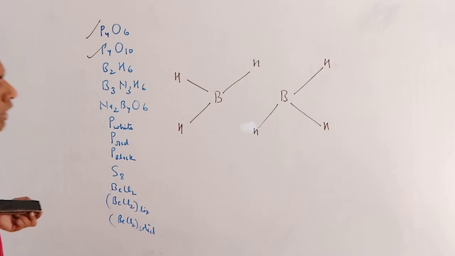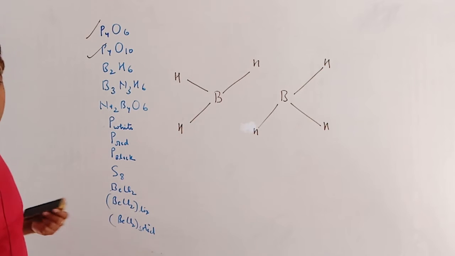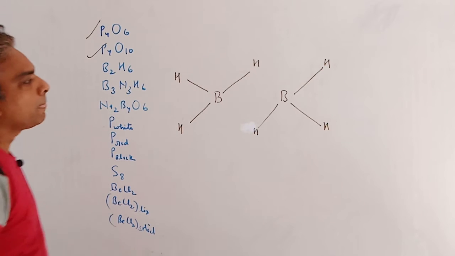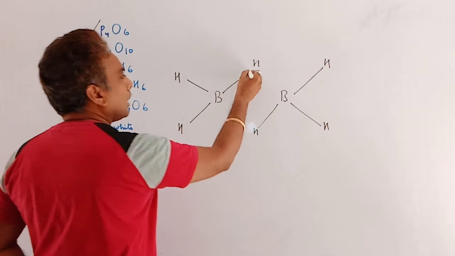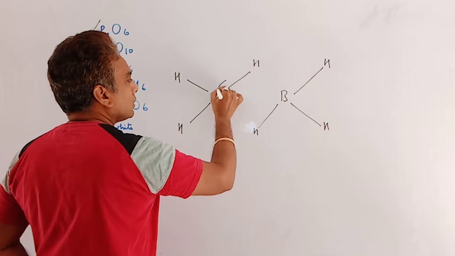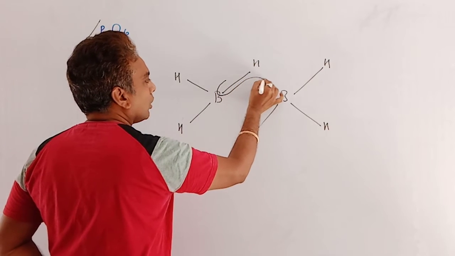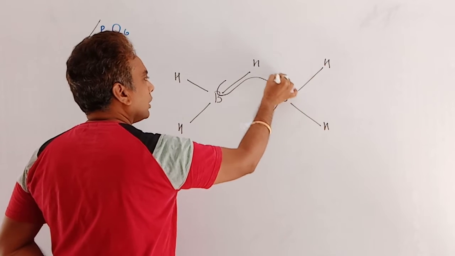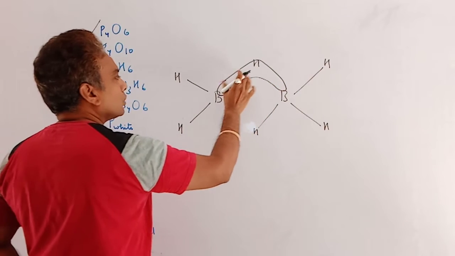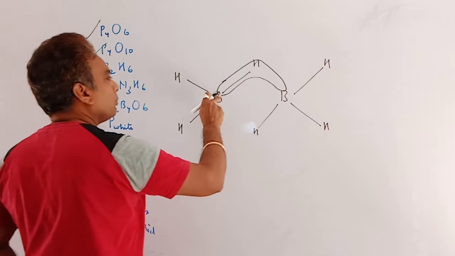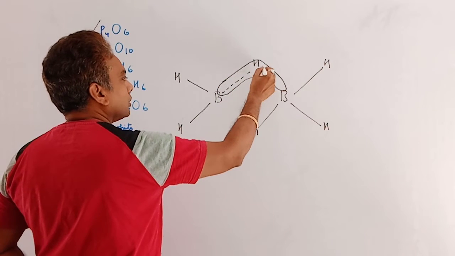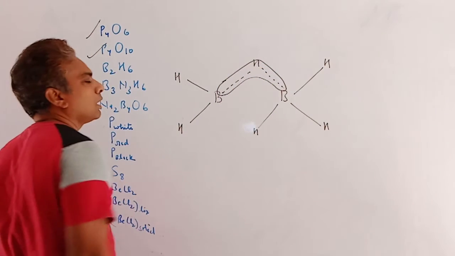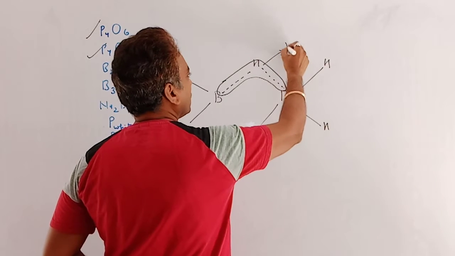But after sharing with hydrogen, the octet of boron is not completed. So to complete its octet, these 2 electrons, of one hydrogen and one boron, are shared with the other boron also. So these two electrons rotate between B, H as well as B. This is known as a banana bond or bridge bond.